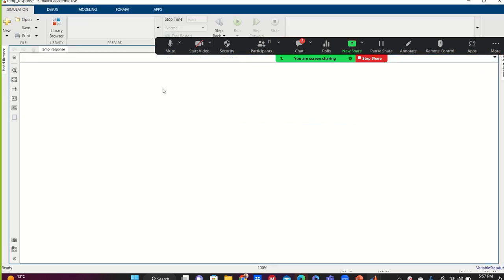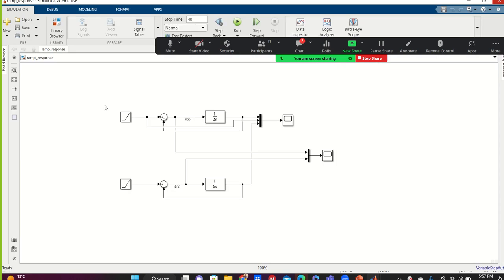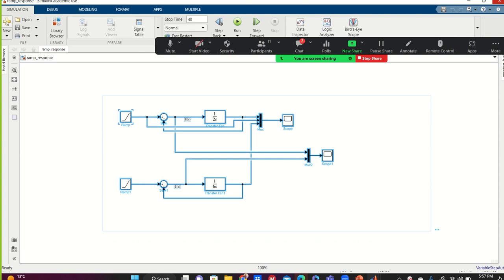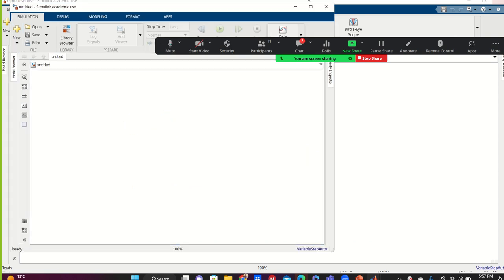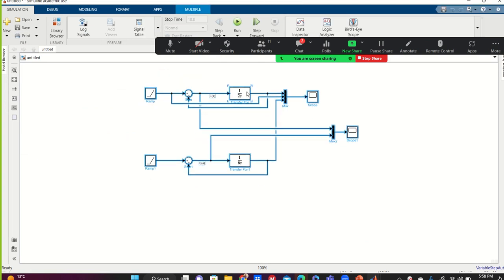I'm going to copy all of these to a new Simulink file and move all of them here.